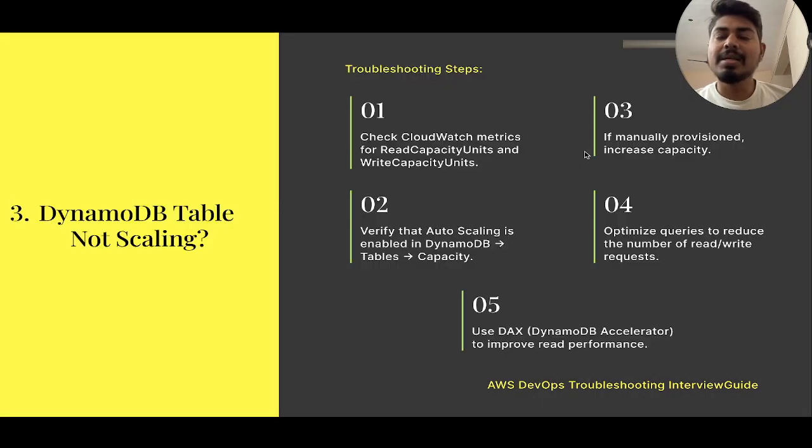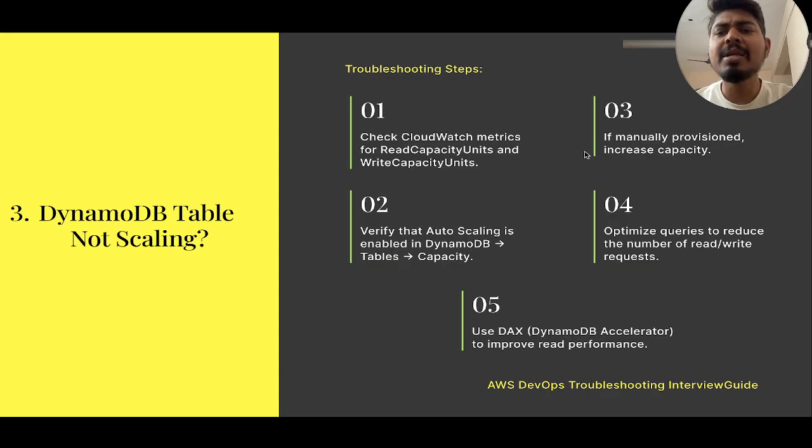Next issue is related to a DynamoDB table not scaling. To troubleshoot this, check the CloudWatch metrics for read capacity units and write capacity units of your DynamoDB table. Second, verify whether auto scaling is enabled on the DynamoDB table or not. Go to DynamoDB, select the table and check the capacity.